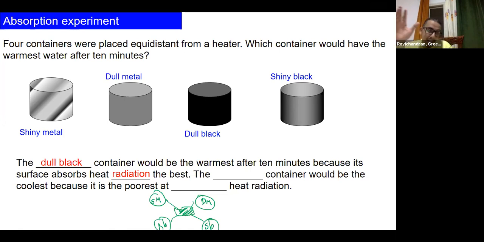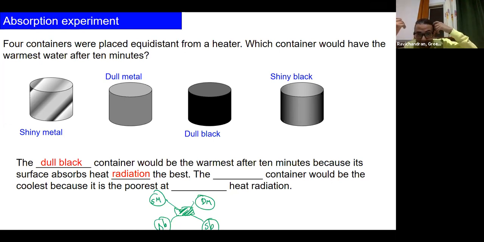But on the other side, the shiny metal container would be the coolest. Why? Because the source of heat is outside, and this heat has to cross the boundary. Since the surface is highly reflective, all the energy is reflected.